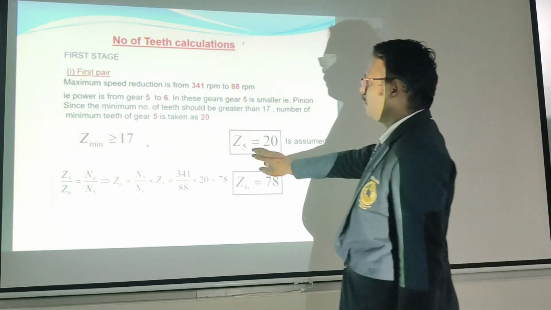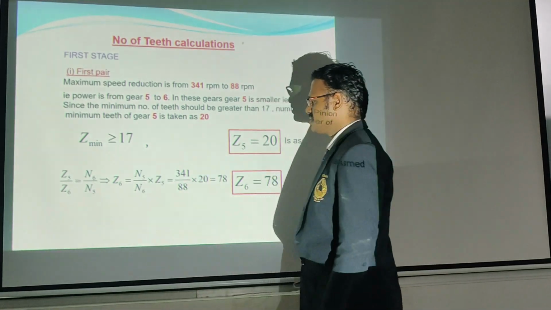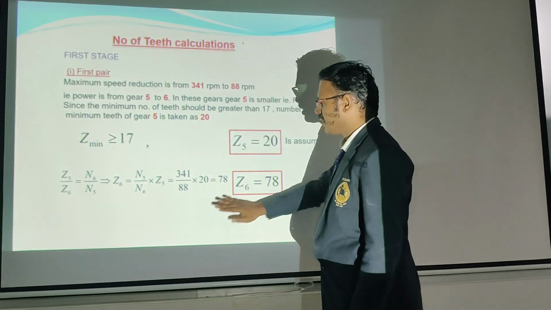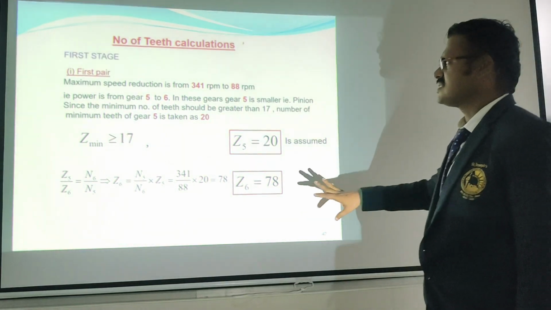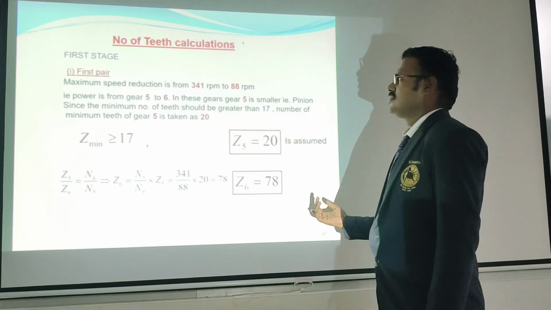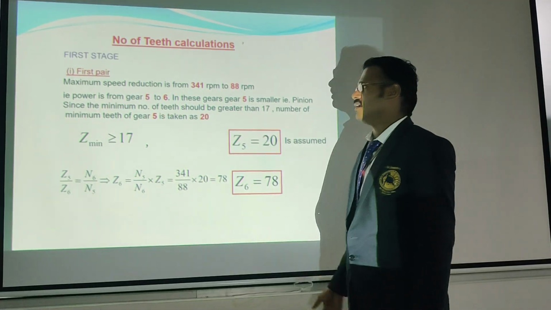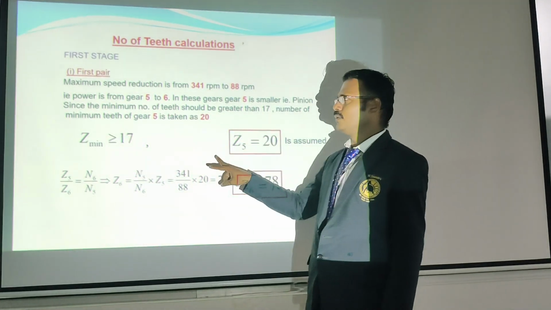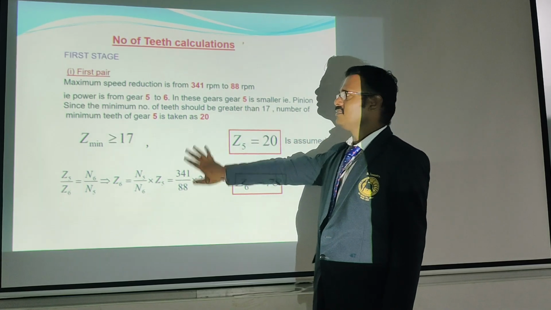Sorry, the minimum number of teeth we will assume as 20. So we are substituting Z5 as 20, and by using this formula we are finding Z6. Then we have to do the same procedure for the second pair as well as the third pair. So 341 to 88 we have taken for 5 to 6. Now we need to take 1 to 2 as the second pair, then 3 to 4 for the third pair.